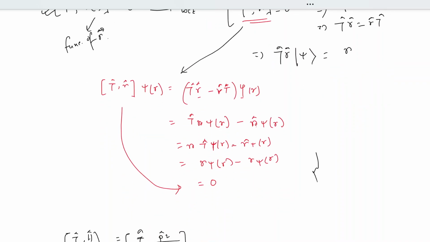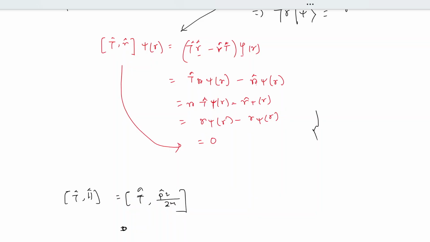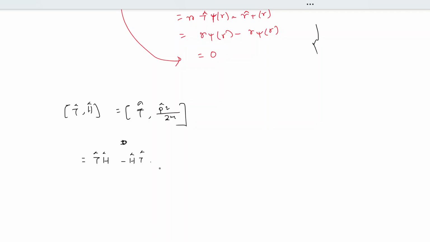So if you take TH, then you are having T P squared by twice M plus V(R).